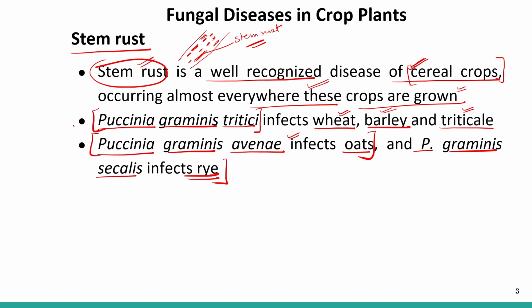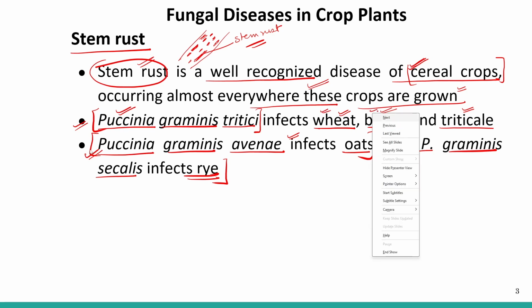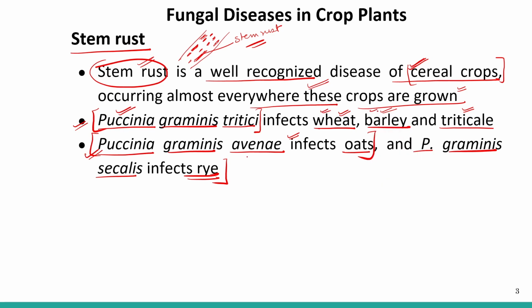So you have to remember which species infects which plant. Once more, Puccinia graminis tritici infects wheat, barley and triticale, whereas Puccinia graminis avenae infects oat plant, and Puccinia graminis secalis infects rye plant.